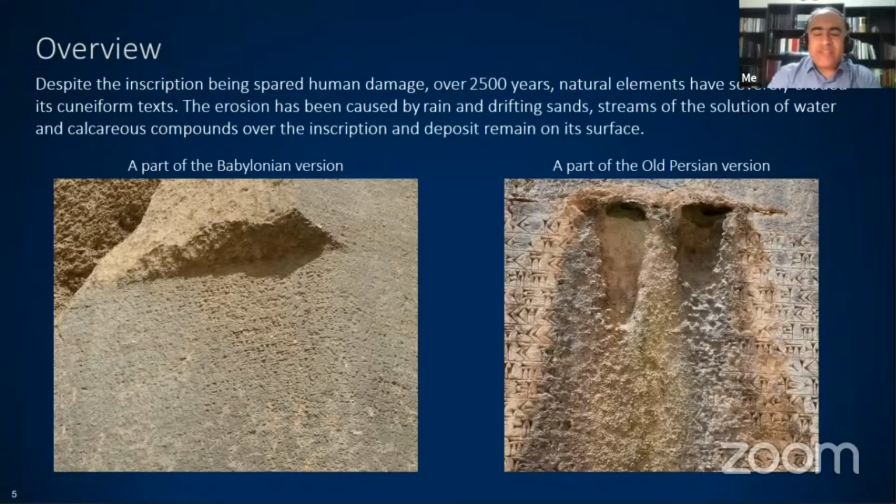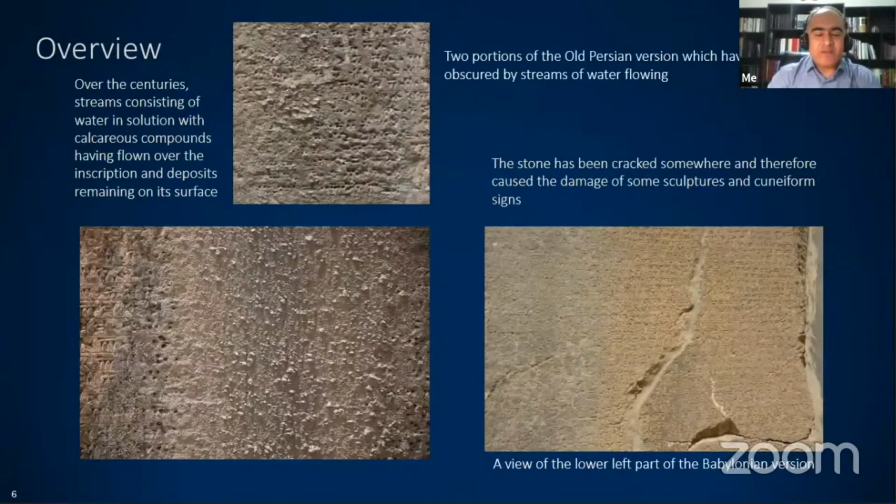Due to this erosion, the cuneiform signs are partially legible at best, while in some places they have become illegible or entirely lost. Other natural phenomena, such as rock fissures, have caused damage to some sculpture and cuneiform signs.